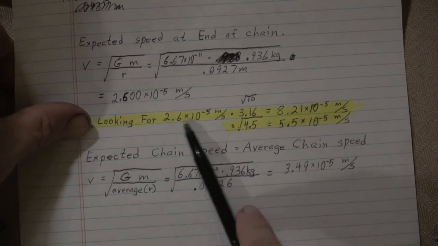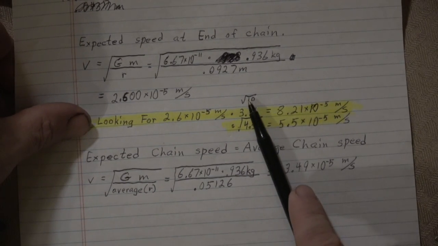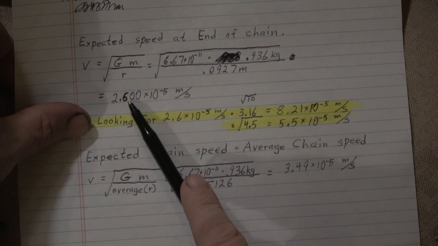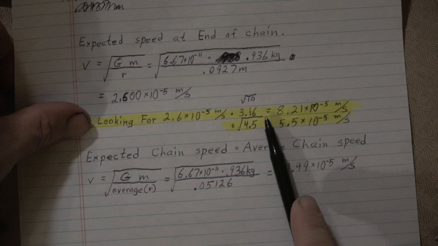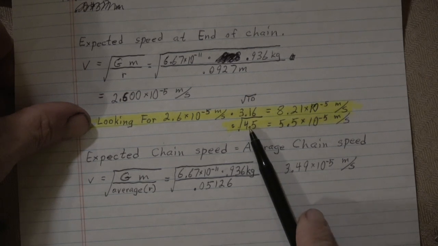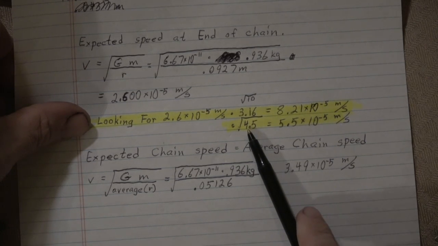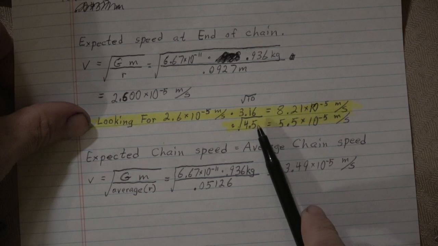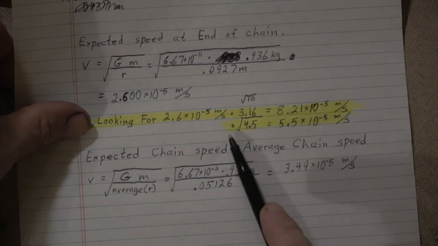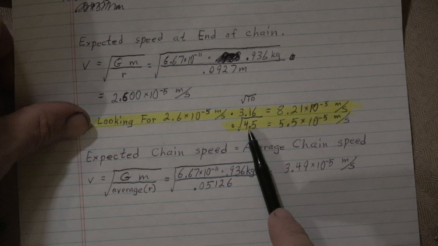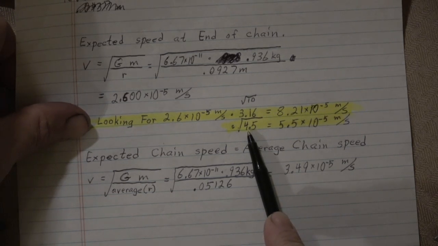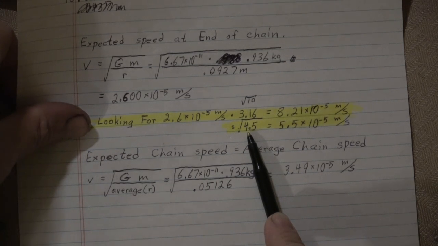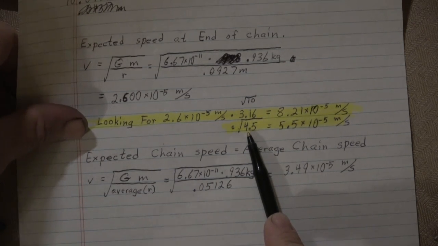Now, if we're looking for 10 times the mass, then we're also looking for the square root of 10 of the speed. If we're looking for 4 to 5 times the mass, which a lot of galaxies have, some 4, some 5, some 10, all of them are a little bit different. That's something that's not really talked about very much on this dark matter problem that everybody's been working on.